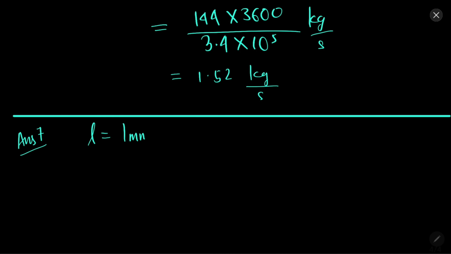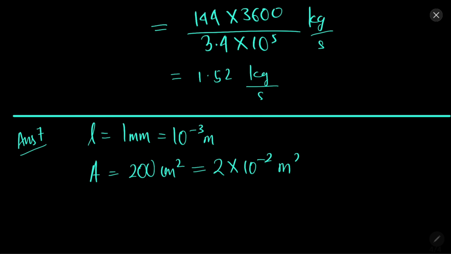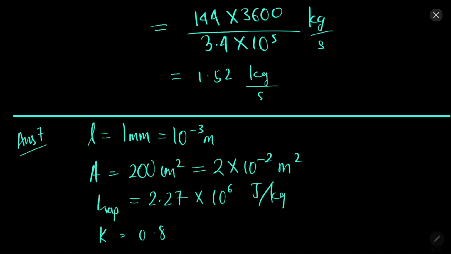Length is 1 mm, 10 to the power minus 3 meter. Area is 200 centimeters square, 2 into 10 to the power minus 2 meters square. Latent heat of vaporization 2.27 into 10 to the power 6 joule per kg. K is 0.80.